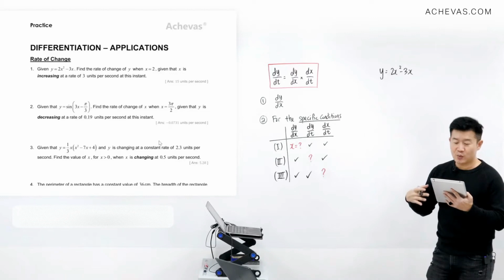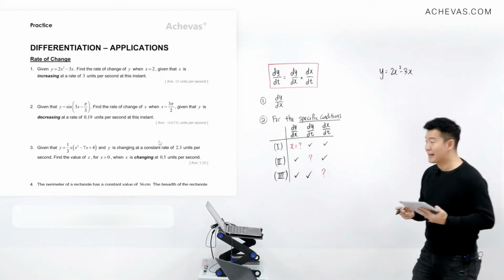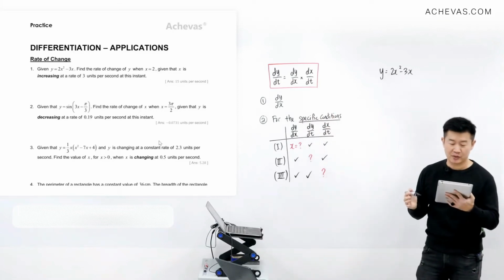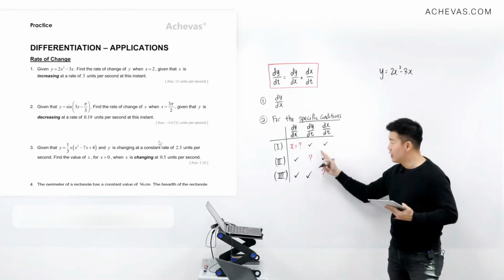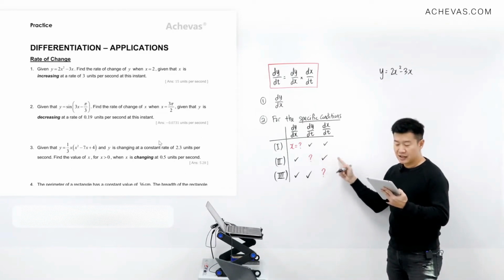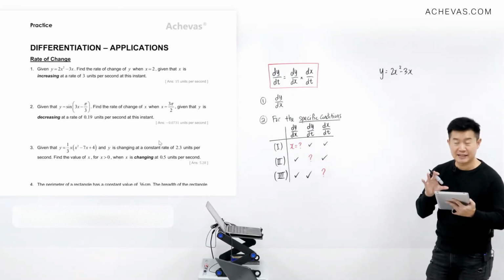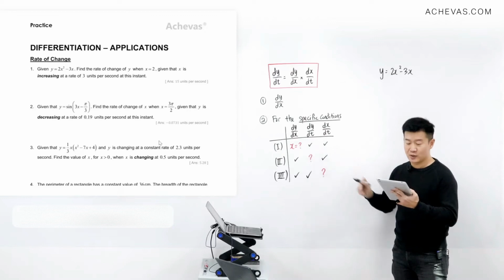The question says we want to find dy/dt when x is equal to 2. That is the specific condition we are talking about. And given that x is increasing at a rate of 3 units per second, for this question we are given dx/dt. This says that dx/dt is equal to 3.